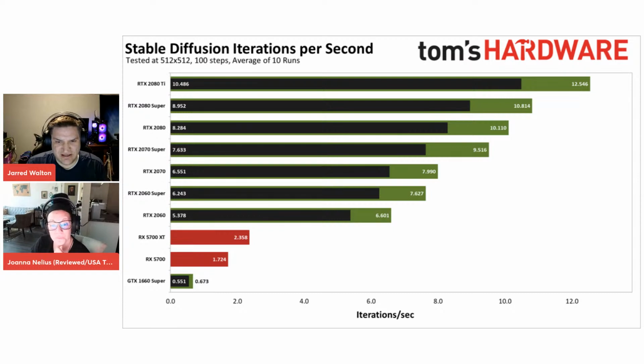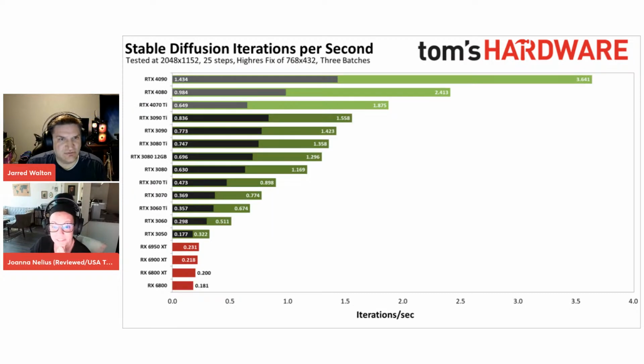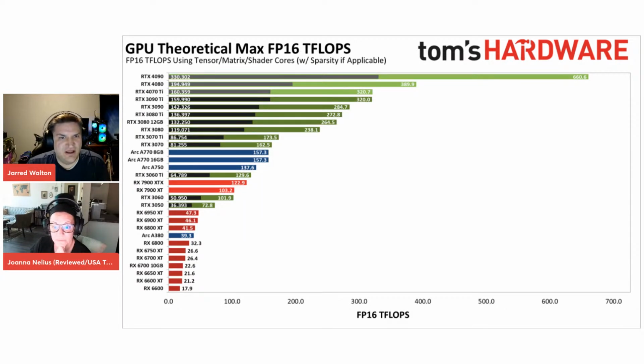So look at this. I think this is the one. Nope. I went too far. This slide shows theoretical performance on FP16 compute. And there's two bars on the newer NVIDIA cards, because the 30 series and the 40 series have sparsity.